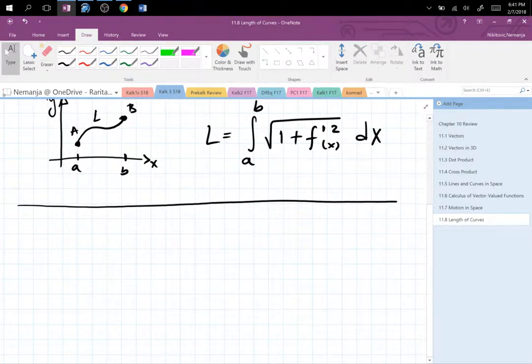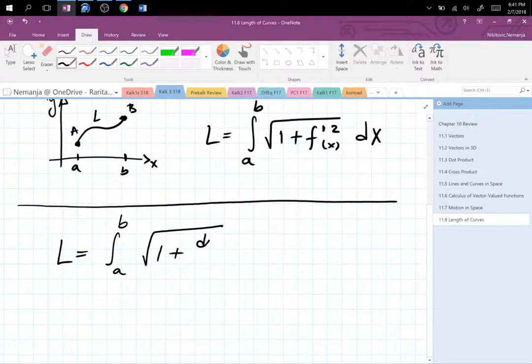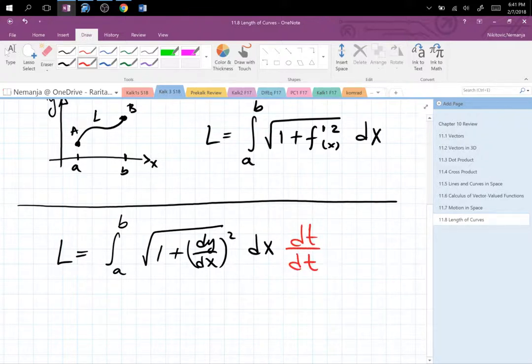So we can look at this formula, the integral from A to B of the square root of 1 plus dy over dx squared, dx. And what I can do is multiply here, and this is the trick, again, honors option, pay attention, by dt over dt.